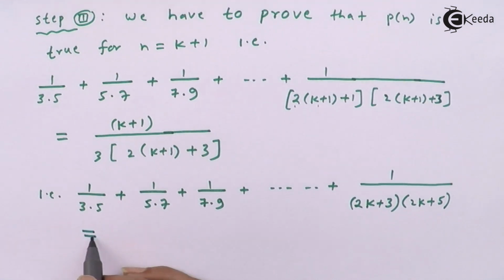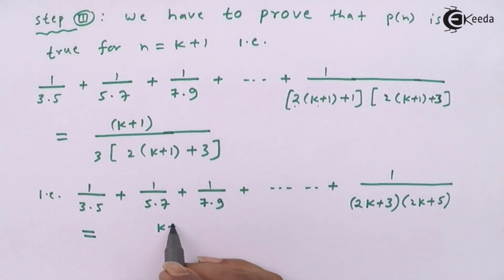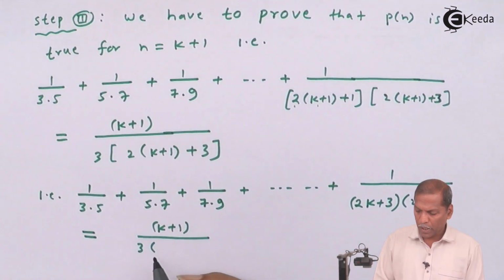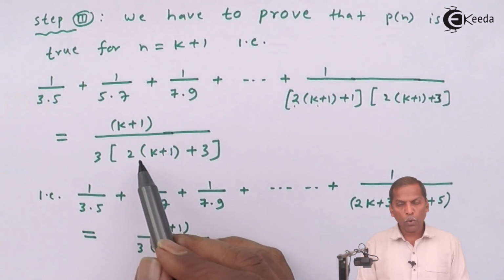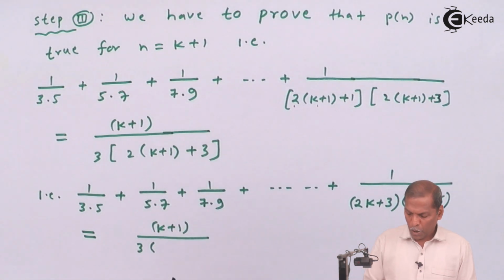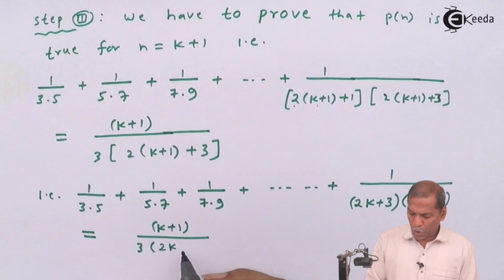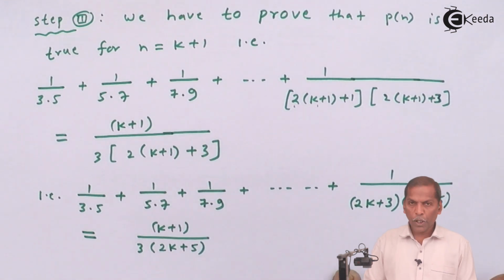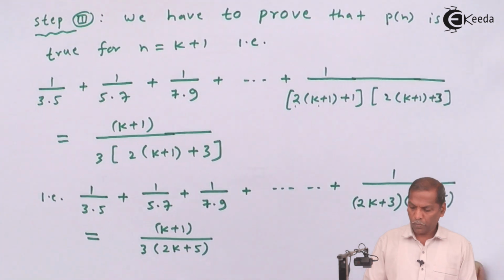That is equal to (k plus 1) upon 3 bracket, 2k plus 2 into 1 plus 3, so that gives finally 2k plus 5. So this we have to prove.